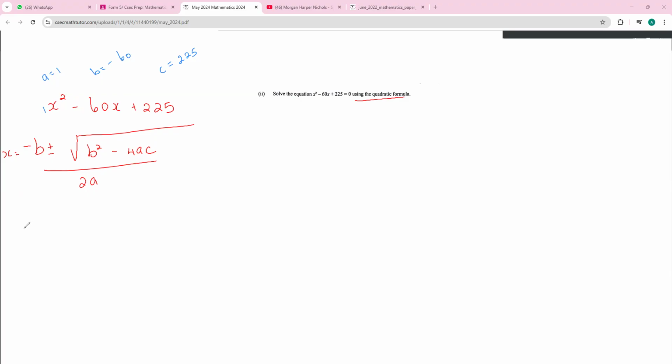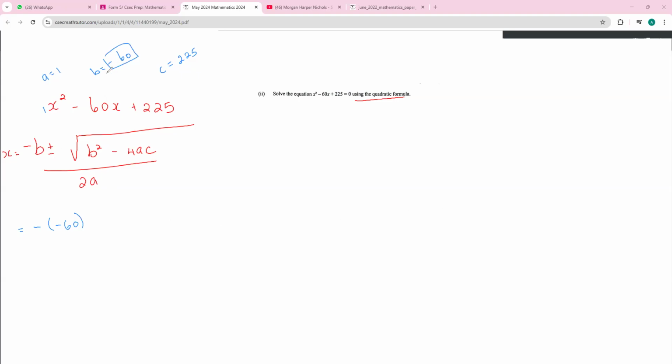Let's substitute it into the formula. So the first part is negative b. B is negative. So it's going to be negative of negative 60. A lot of students, they have trouble with this part and it throws them off.